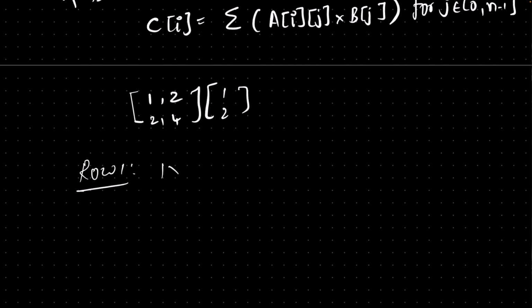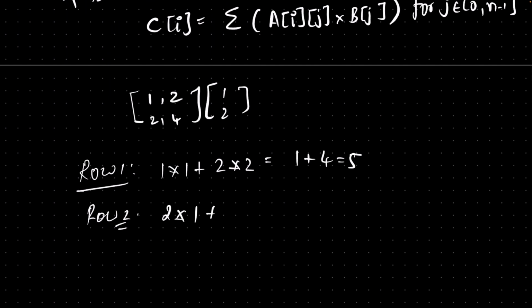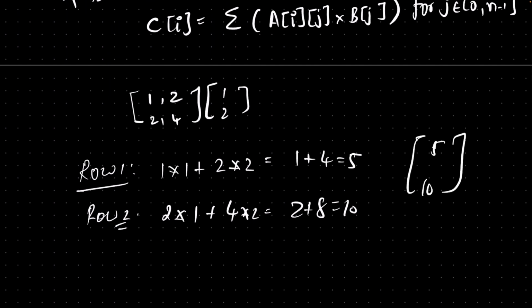So it will be 1 into 1 plus 2 into 2, which is 1 plus 4 equals 5. For row 2, on the same grounds, take the second row: 2 into 1 plus 4 into 2 equals 2 plus 8 equals 10. So your answer is simply 5, 10, the resultant vector, right?